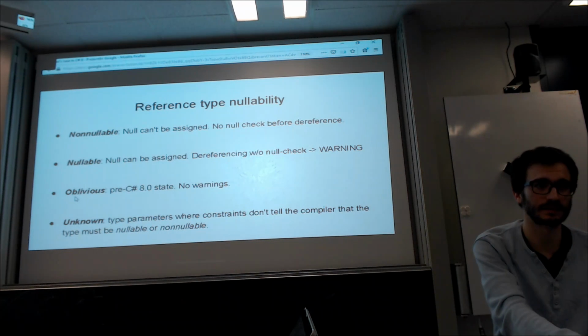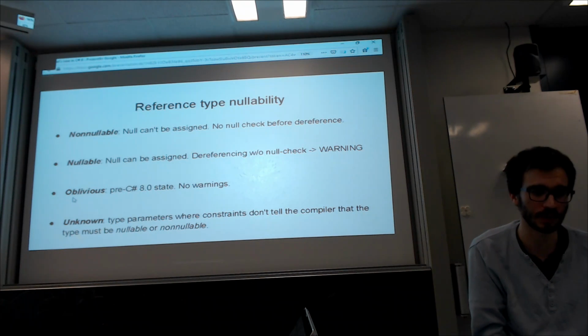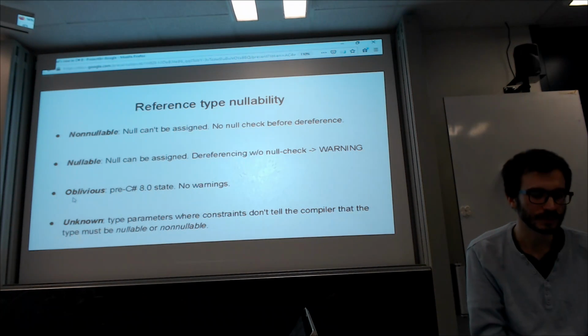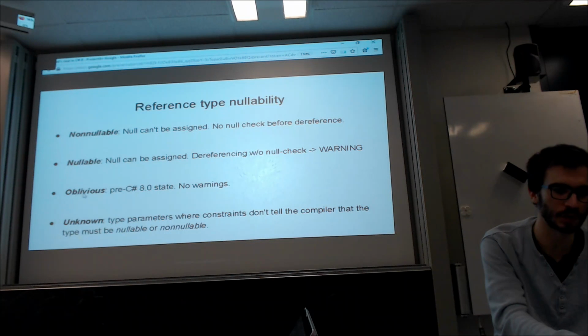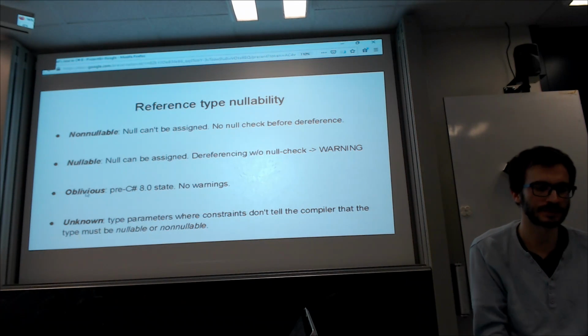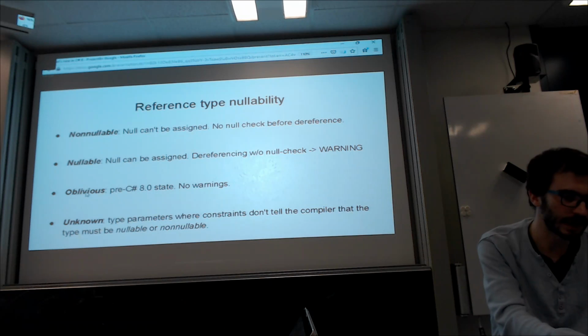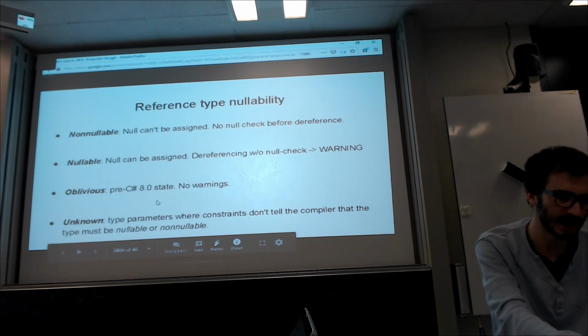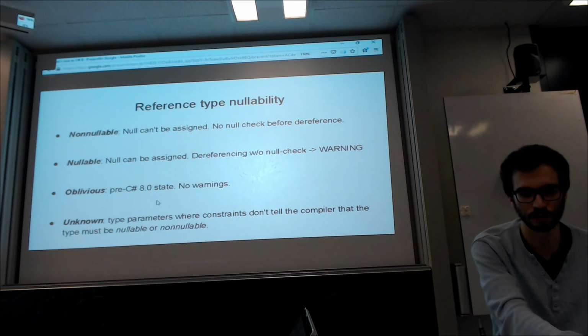Oblivious in this terminology means just what was before C# 8. There won't be any warnings, and this oblivious nullability is when the feature is not enabled. And unknown means that the compiler cannot tell if the type is nullable or non-nullable.